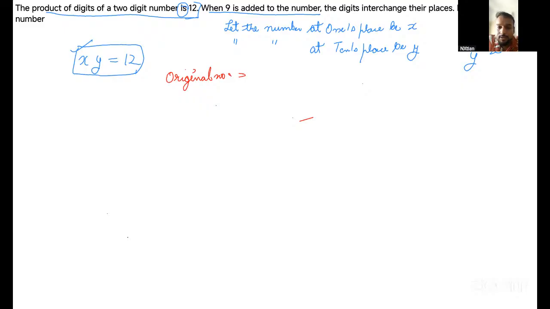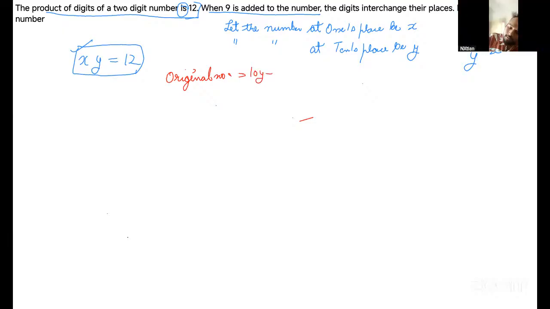Like in the linear equation, how do we make the number? Jeshron, what is the original number, beta? 10y plus x. Yes, good.